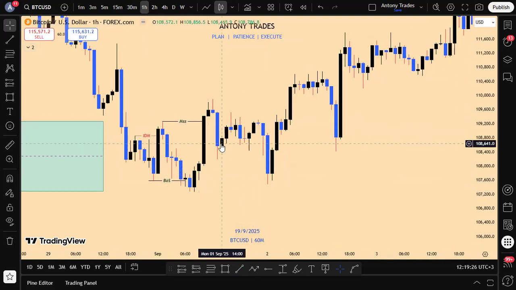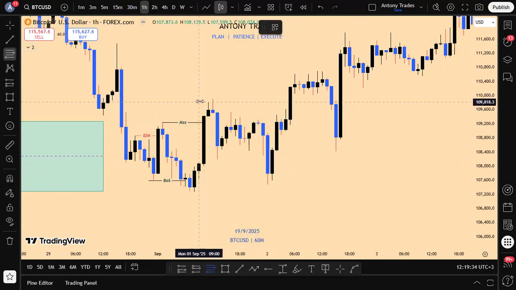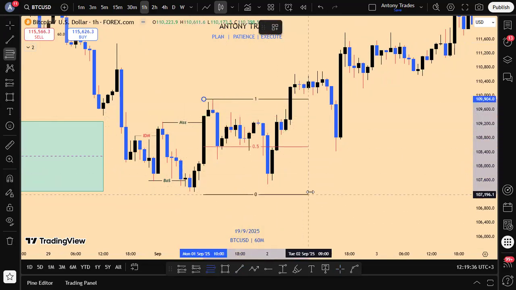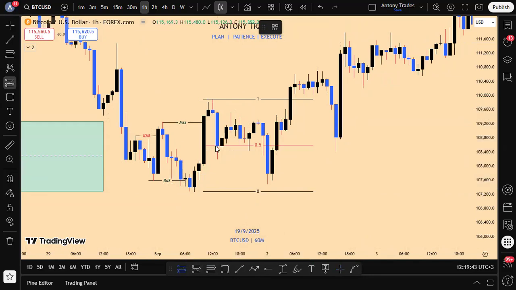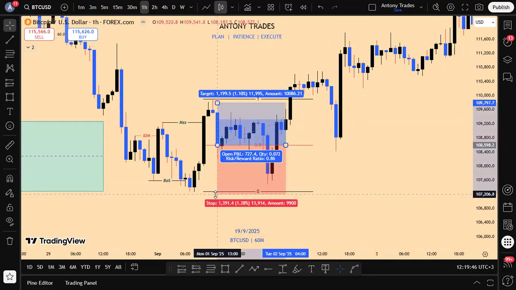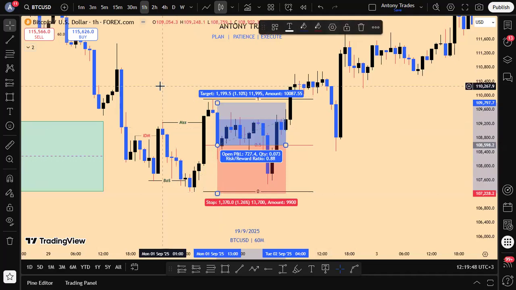After you get your change of character now, this is now when you apply your entry confirmation, what I taught you. You pick your Fibonacci tool, you place from the swing high to the swing low, because you don't know where the market will pull back to. So this is where you could have got your entry like this. Stop loss below there.